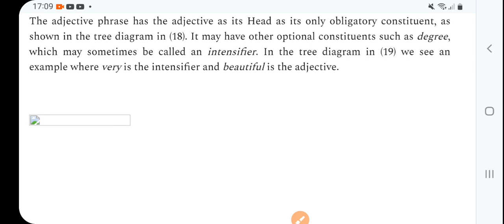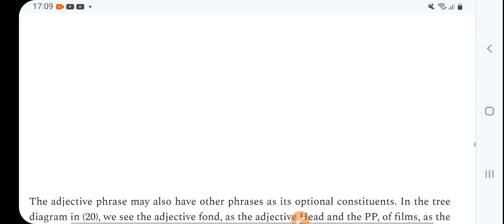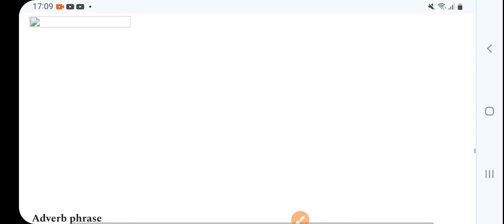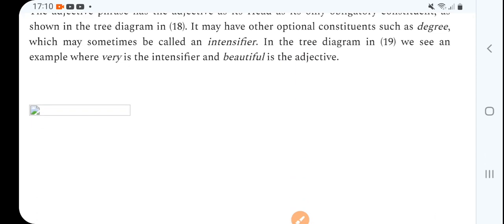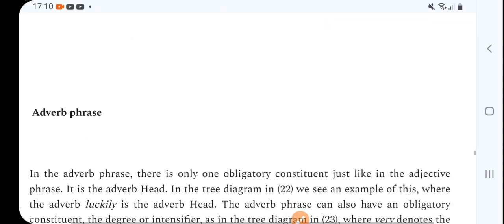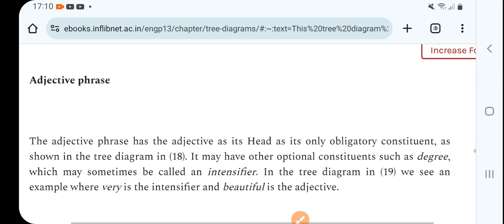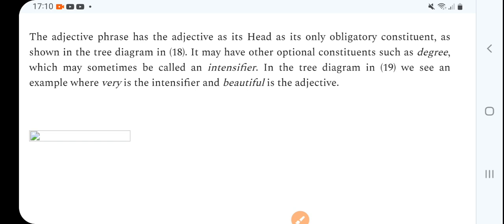In tree diagram 19, we see an example where very is the intensifier and beautiful is the adjective: very beautiful.